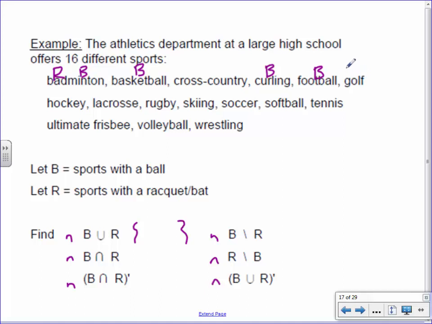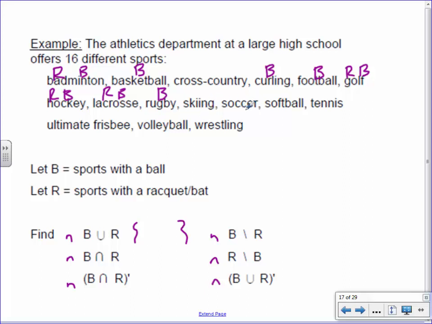Golf. Yeah, you need a hitting stick and something to hit. Hockey, a hitting stick and something to hit. Lacrosse, hitting stick and something to hit. Rugby, just a ball. Skiing. You don't hit anything with the stick though. And even then, that's only if you're talking cross country. I mean, if you're downhill skiing, you don't even have poles necessarily, do you?